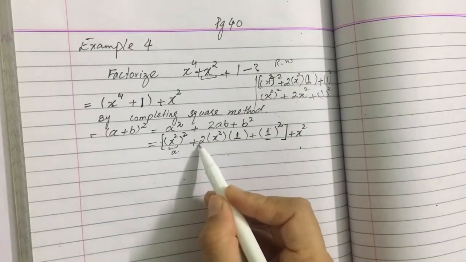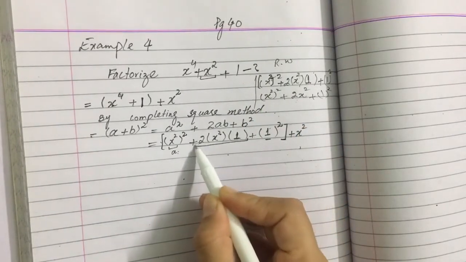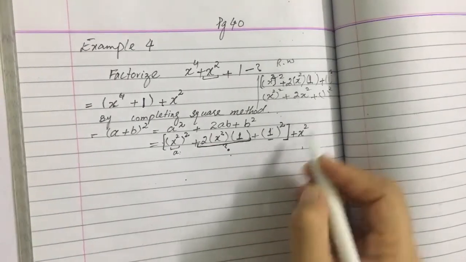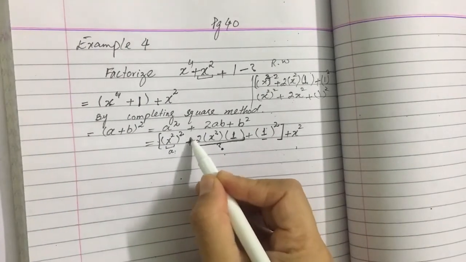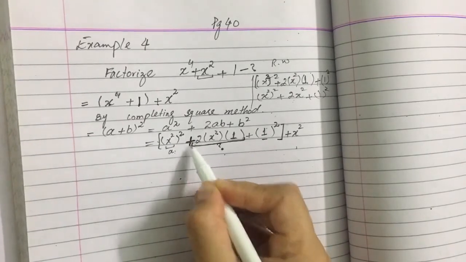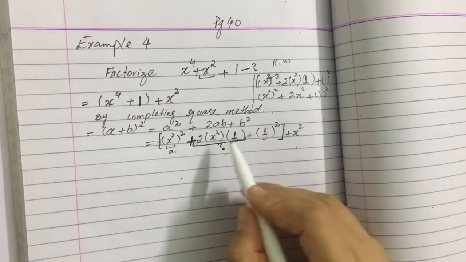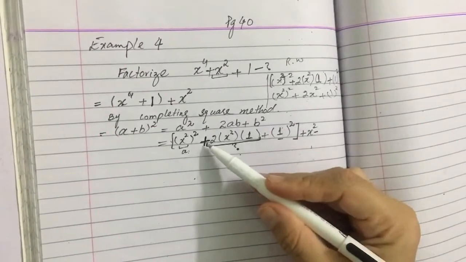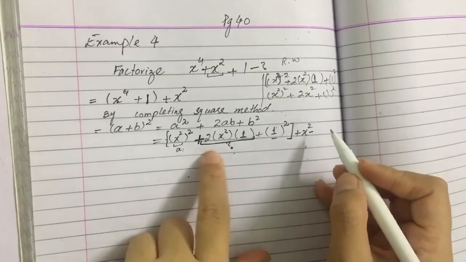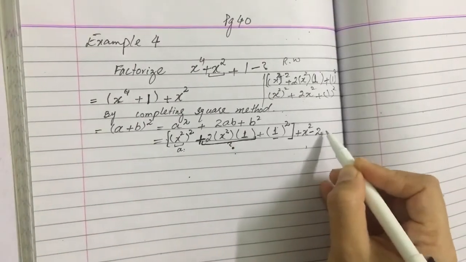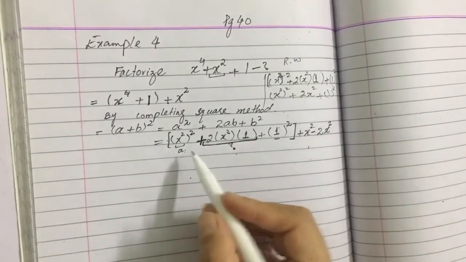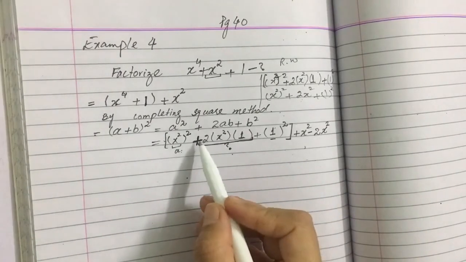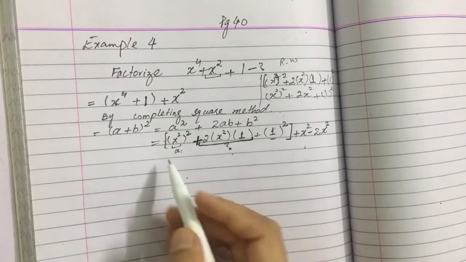It means this is an extra term that we have written here to complete our formula. So I have added this to make a complete square. So I have to put a negative effect of this value, 1 times 2x square. This is the negative effect. This is the positive. Minus 2x square is the opposite effect of plus 2x square.